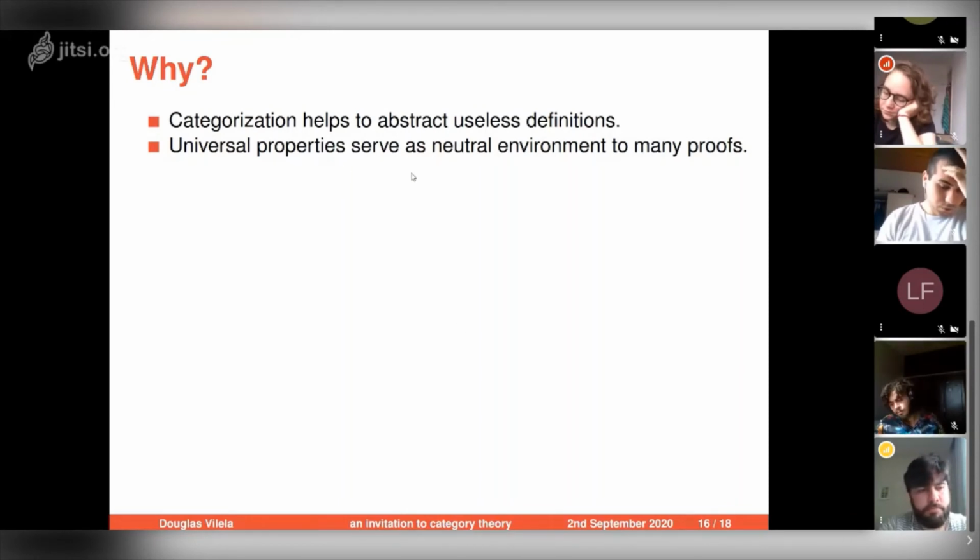So looking for these universal properties is not a waste of time. There's no need to use that in this particular proof, but it helps us to visualize some analogies between areas of mathematics that could be proven by the same argument.